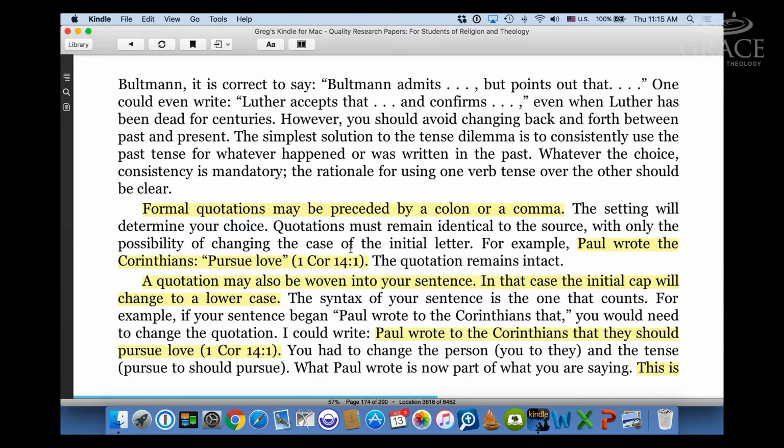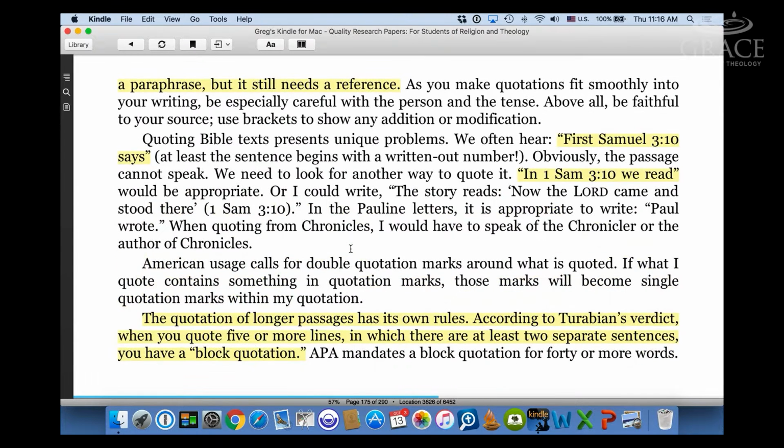Well, that's not a quote, right? So no quotation marks, but it's saying the same thing. So you can reword quotations in something like that manner. So that's kind of a paraphrase. Now, if you're quoting another author, you need to put a footnote there and cite that.